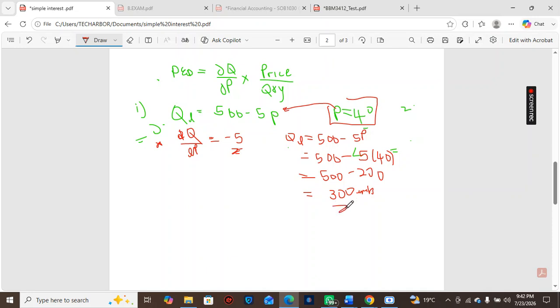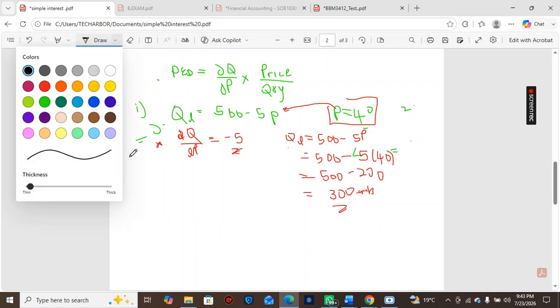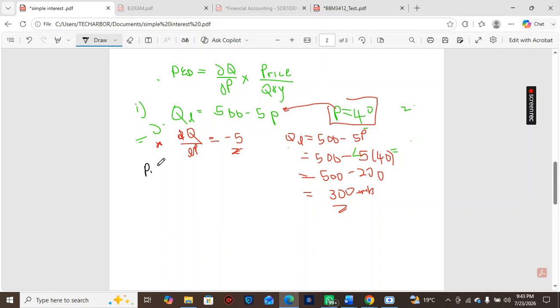Once you've found the quantity and derived, the price will always be given to you. You go back to your formula: own price elasticity of demand equals the derivative of the demand function with respect to P, negative 5, multiplied by the price, 40 Ngwe, over the quantity, 300 units.